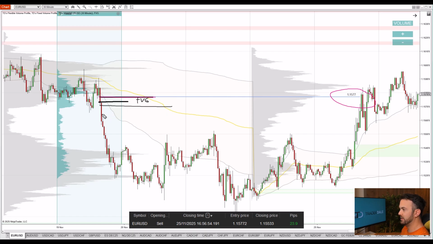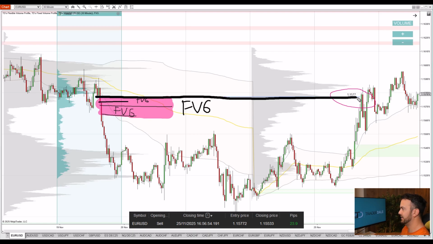It was in here, another fair value gap, and when you have two fair value gaps on top of each other, like in here, we had this fair value gap and then this fair value gap. When you have two or more on top of each other like this, I look at it as if this was one big fair value gap and trade from the beginning of it, which is this line.